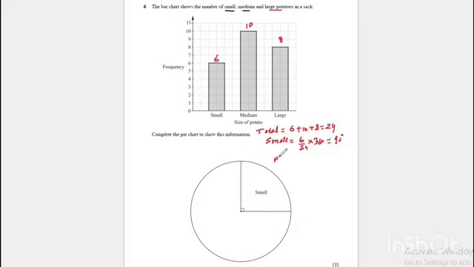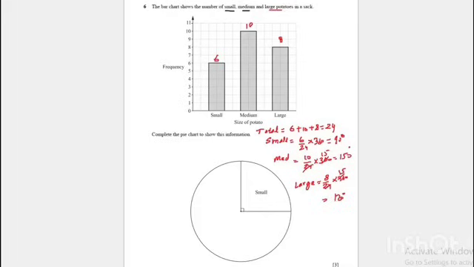Then for medium, it is 10 over 24 multiplied by 360. Here 15 times 10 gives us 150. These are degrees. And lastly, we have large. For large, we have 8 over 24 multiplied by 360. 24 can cancel into 360, so 15 multiplied by 8 is 120 degrees.